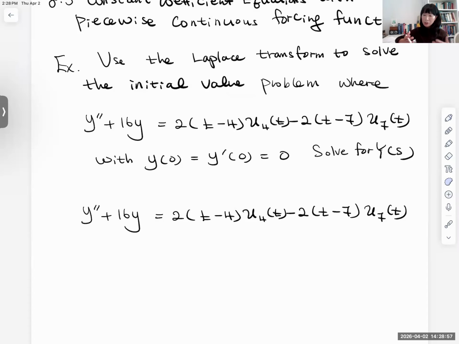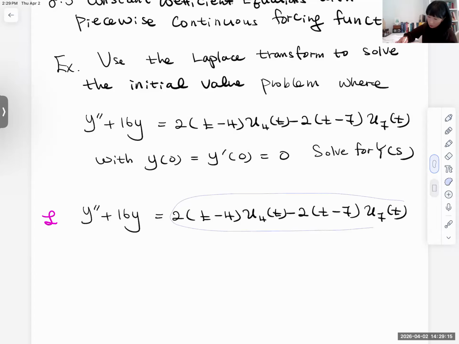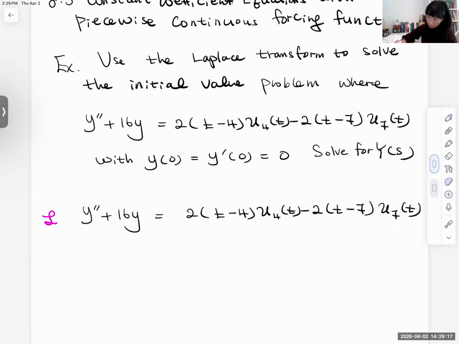Then we take the Laplace transform of every term, on both sides. So let us do that, one by one.